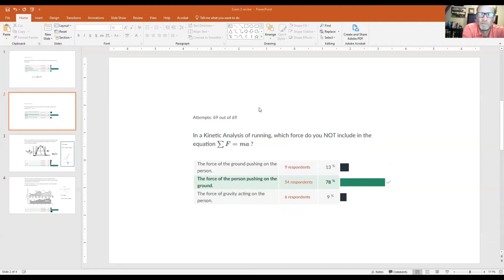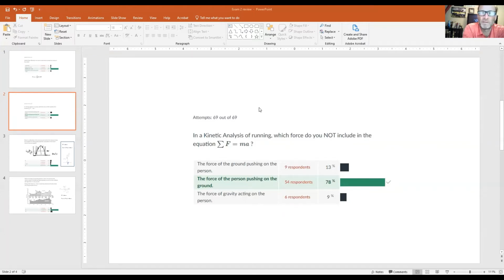And when we do that, we get the product of mass of the object times the acceleration of the center of mass of the object. Mass is a measure of an object's inertia. Inertia is resistance to change motion. And we quantify that with the units of kilograms. A is the acceleration of the center of mass of the object, not the acceleration of any particular segment of the object. It's the center of mass.